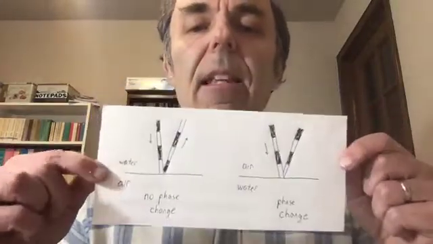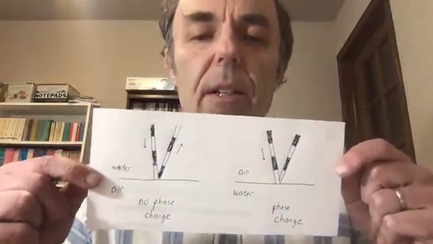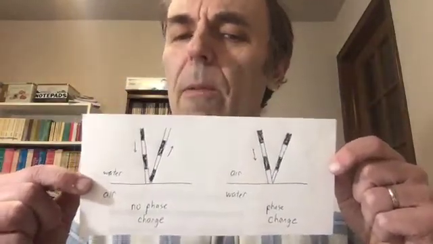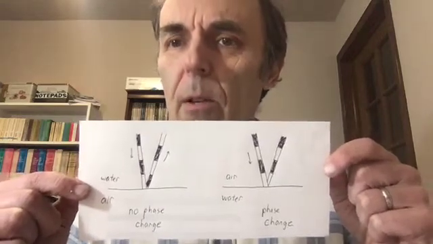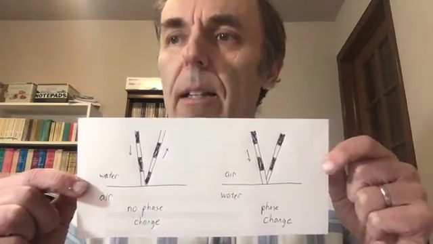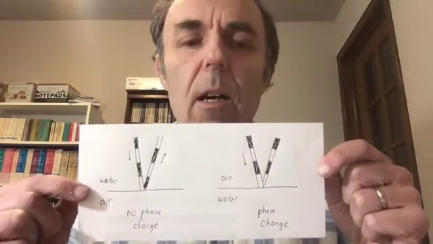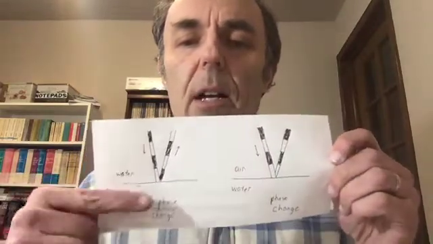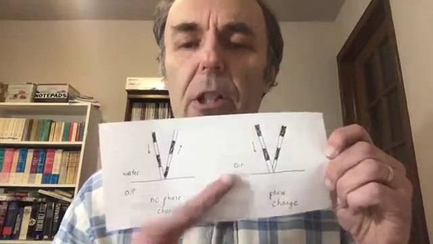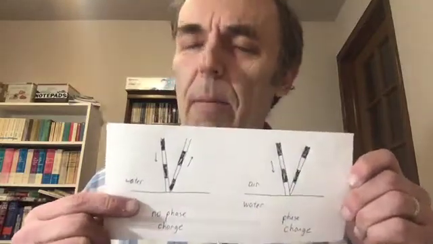Okay, one more question I have for you. Why did we not see these phase shifts in that thin film experiment I did in the first video? Because in that experiment, we went from air to film, that's going into a larger index of refraction, and then film to glass, and that was also going into the larger index of refraction. So we should have had phase changes in those cases, but I didn't bring them up.